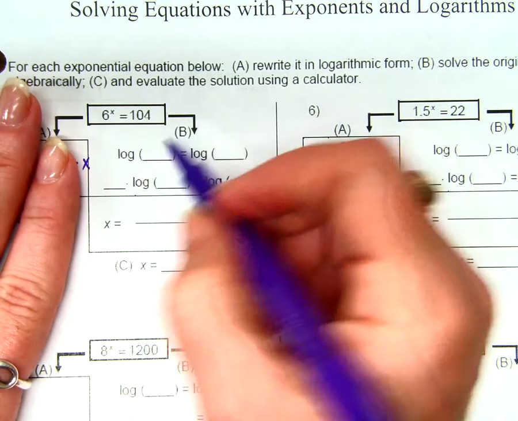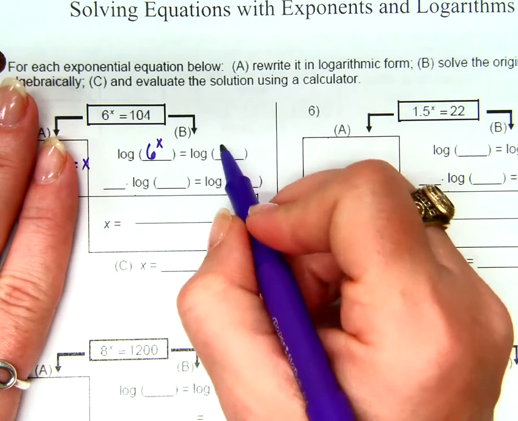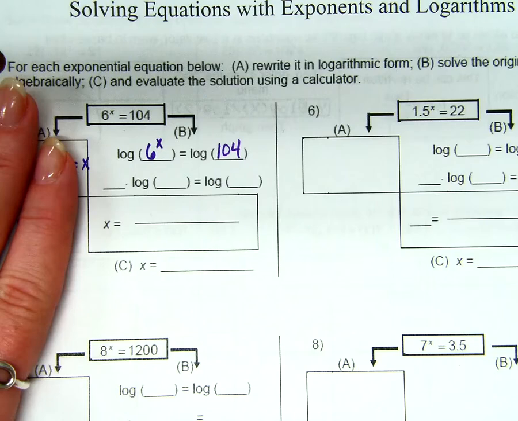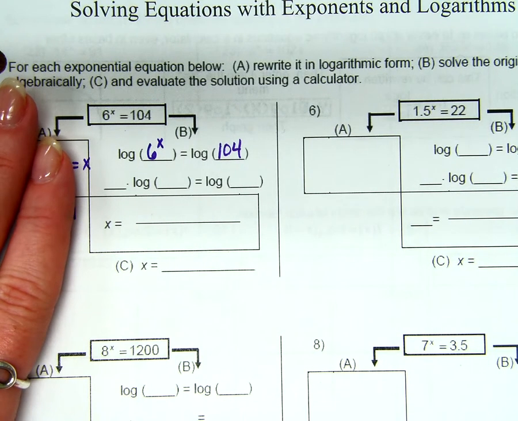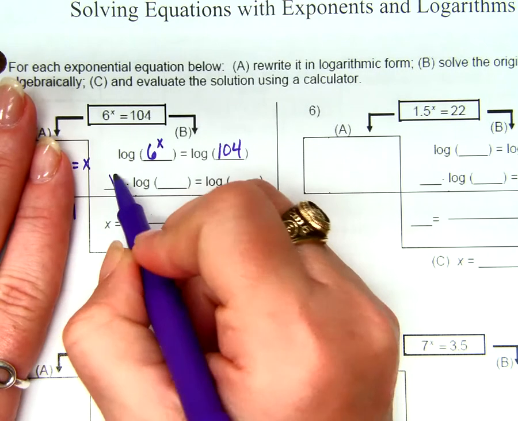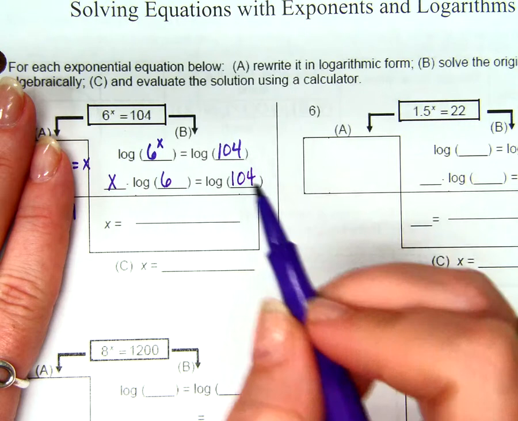I have log of 6 to the x equals log of 104. What happens to the x? It moves to the front as a multiplier, right? So x log of 6 equals log of 104.